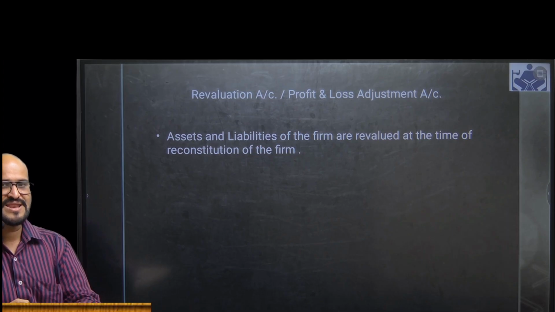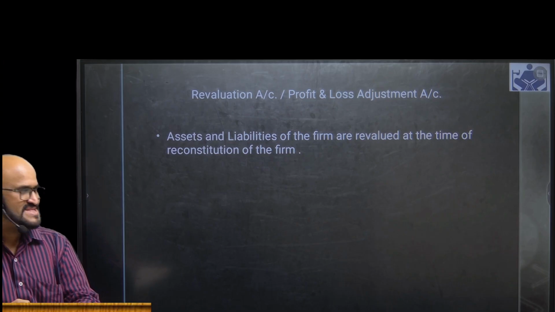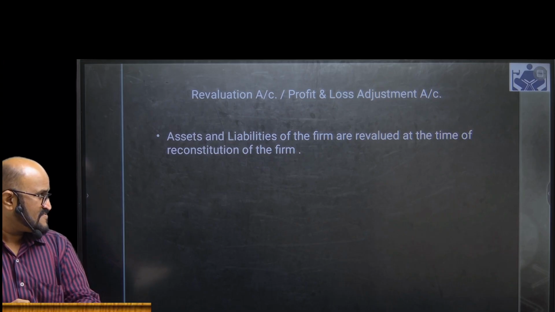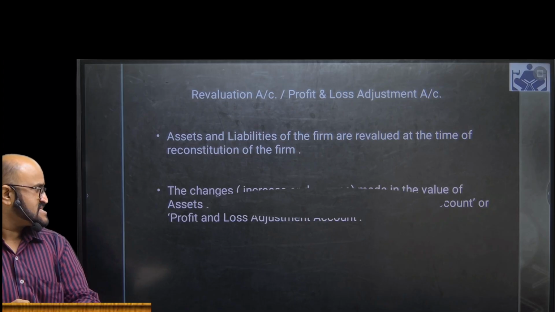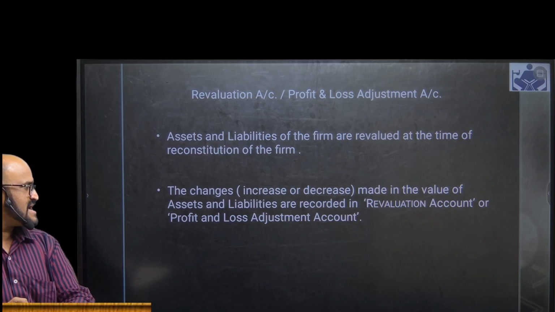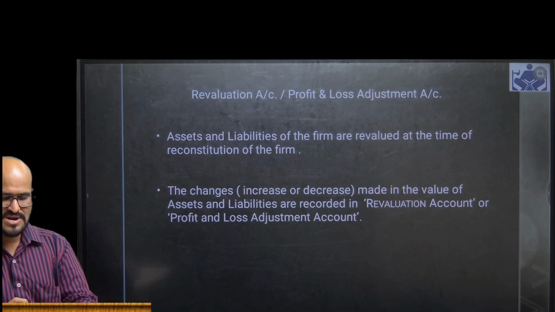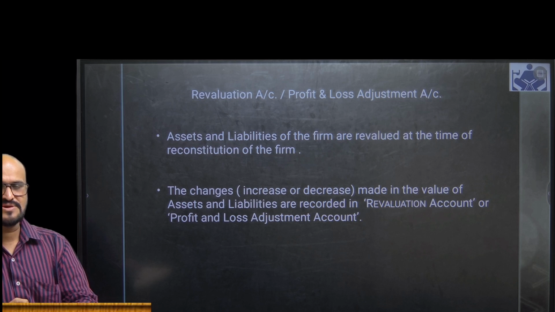The word revalued, we can match with the account name and remember it like that. So assets and liabilities of the firm are revalued at the time of reconstitution, and this change, which we can call an increase or decrease in the assets or liabilities, is recorded in the revaluation account, also called the profit and loss adjustment account.